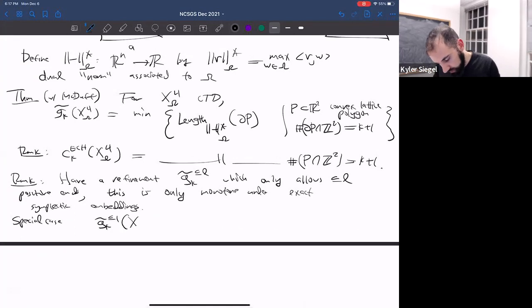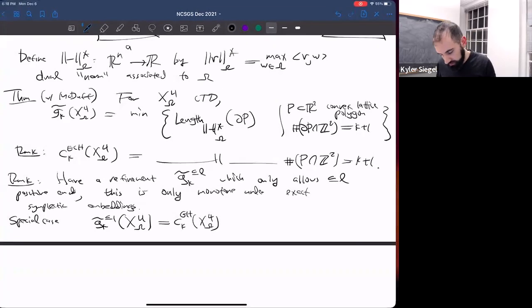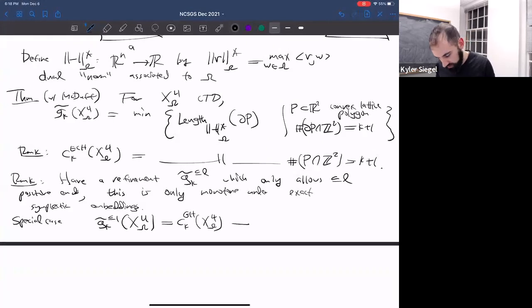So more precisely, at least in the case of a 4-dimensional convex toric domain, we compute this to be exactly the same as the kth Gutt-Hutchings capacity, which in turn, I believe, is also expected to agree with the kth Ekeland-Hofer capacity. I actually don't know if this is a proven theorem now or just expected.